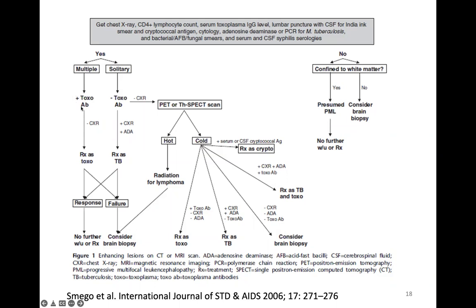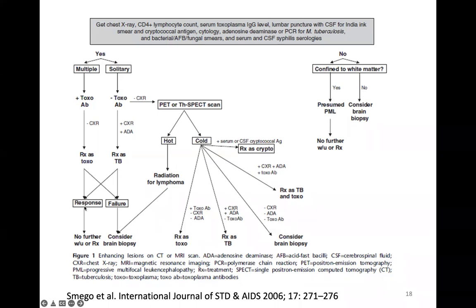If that antibody test is positive and you have done a chest x-ray, and the chest x-ray has no clinical signs of TB, most likely you want to treat for toxoplasmosis, right? And then monitor clinical response for your patient.